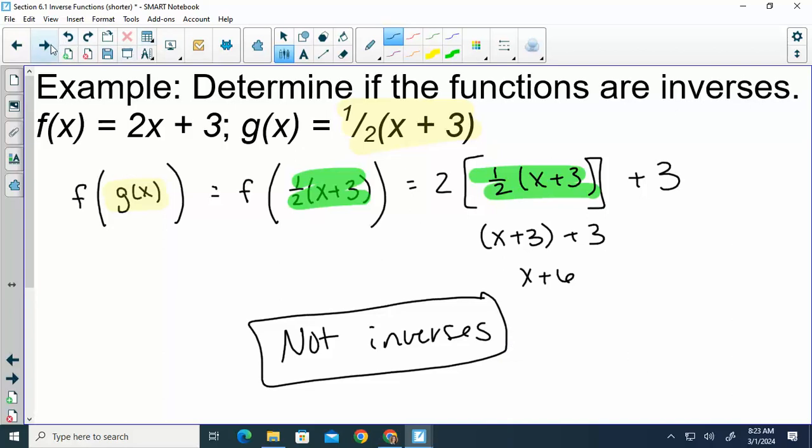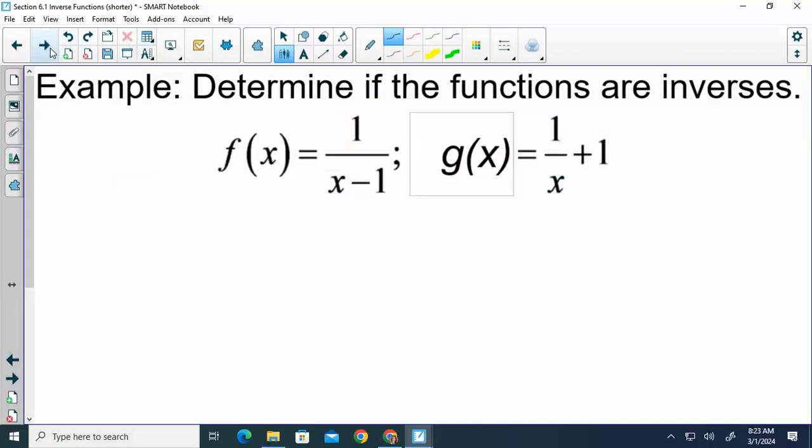Let's try another one. So if I want to decide if these are inverses, it doesn't matter which one you check first, you just have to start somewhere and plug one into the other one.